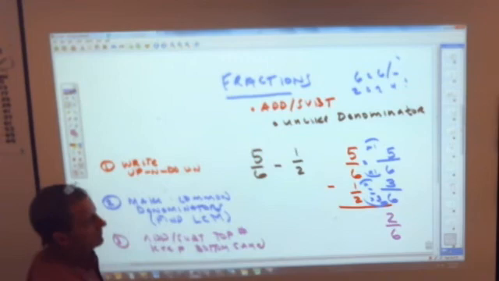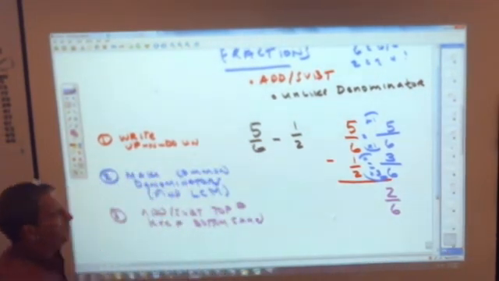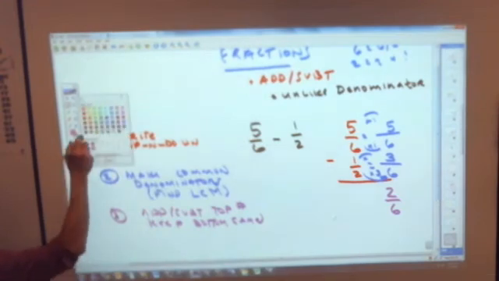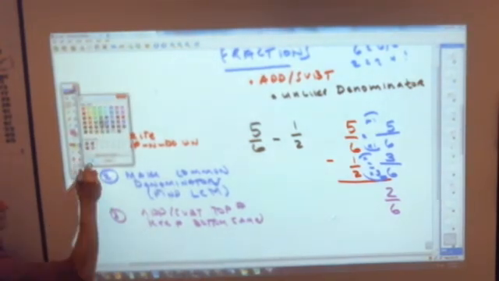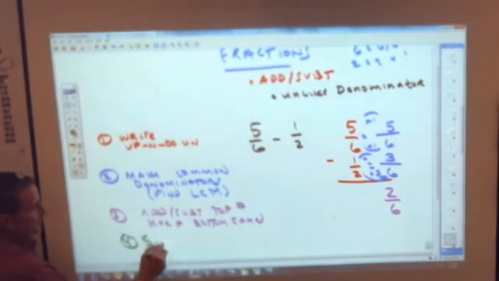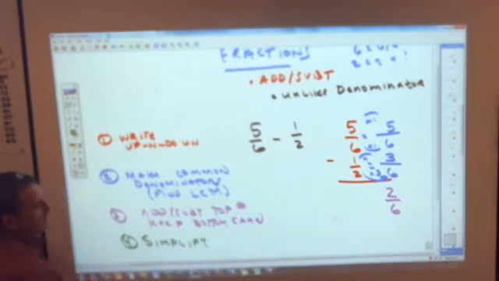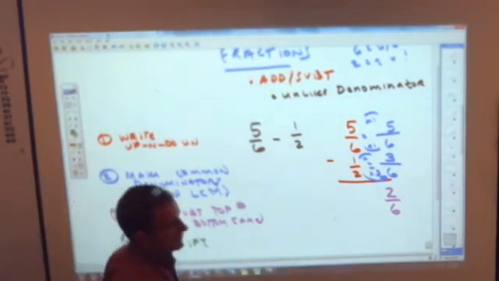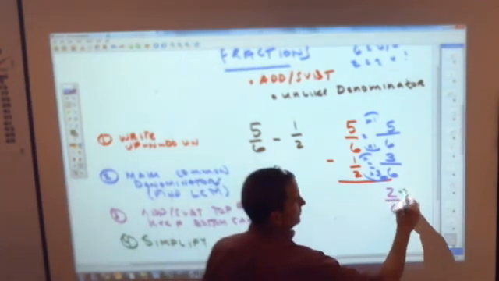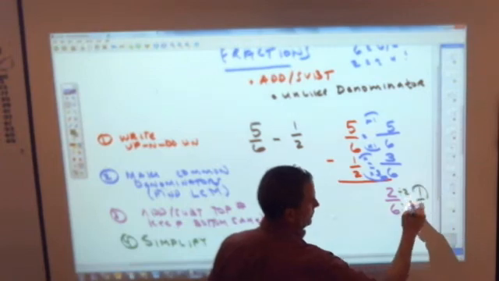And then somebody already said it there. Reduce, but in the fractional world, to cover everything, we're going to call this simplify, which means reduce, or it could also mean change from an improper fraction to a mixed number, whatever it is. In this case, it is reducing. You divide them both by 2 or cut them both in half, and my answer is 1/3.